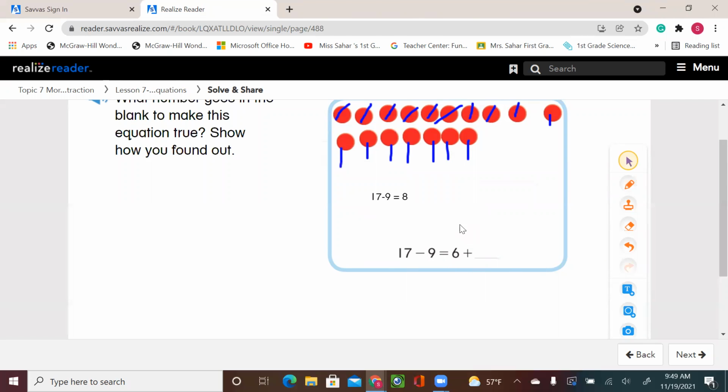All right, what's the second part I have? 6 plus what equals 8? Very good. So that's easy. 6 plus 2. So I'm going to write here 6 plus 2 equals 8.